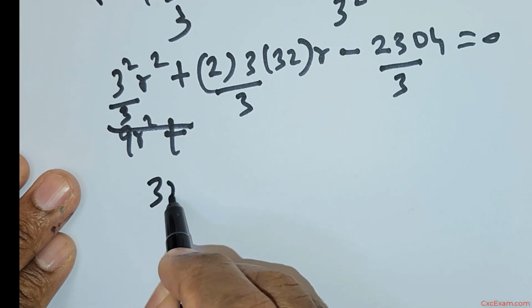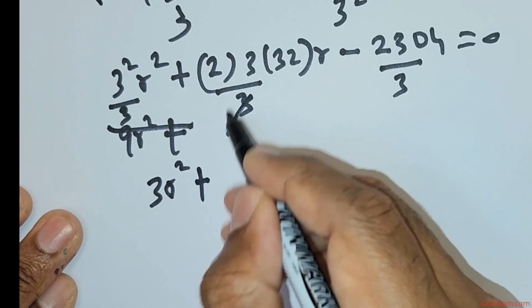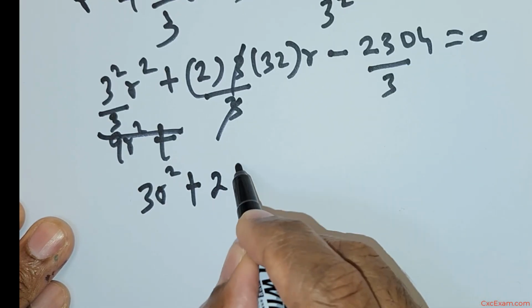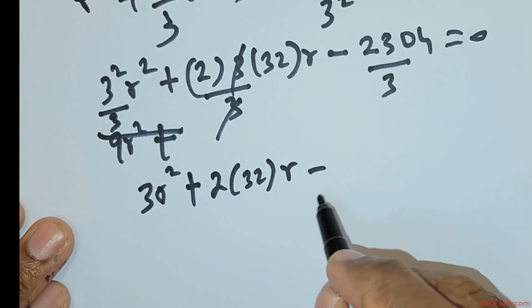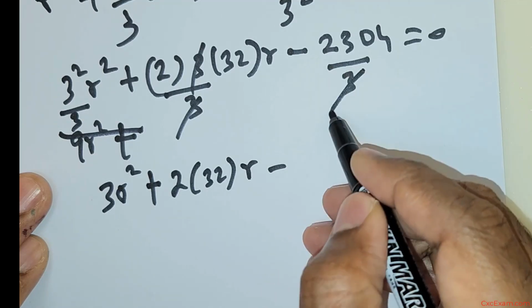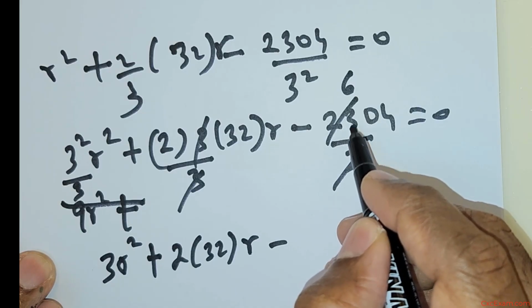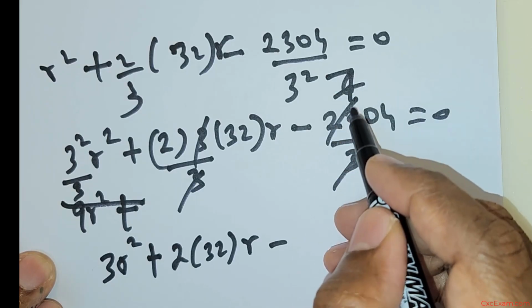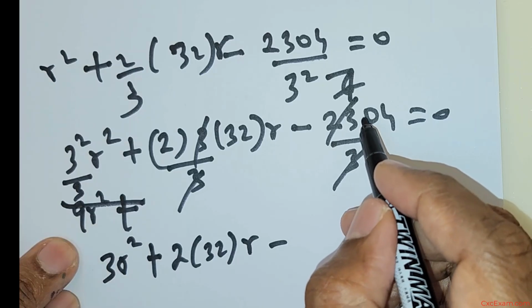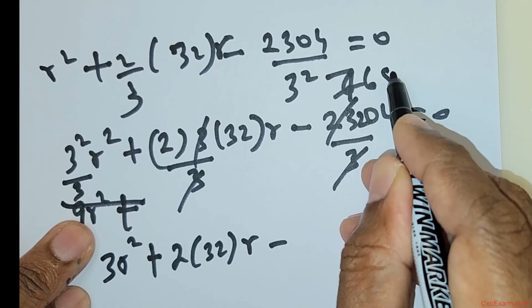If I divide by 3, this is going to give me 3r squared, the 3 and 3 get cancelled here, so it's going to be 2 times 32 times r, and negative 2304 divided by 3: 7 3s are 21, 22, 23, 8 3s are 24.